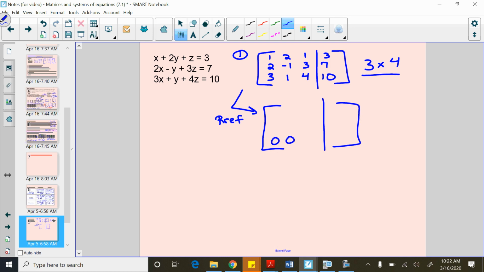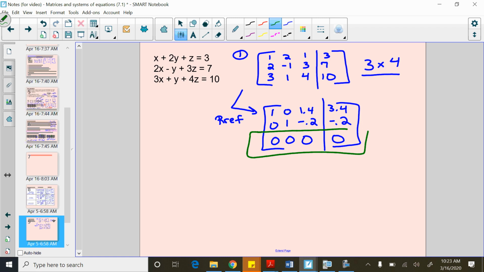And I know that the last row gave me all zeros. And I actually have to type in now what the rest of them gave me, which was a 1, a 0, a 1.4, and a 3.4. It gave me a 0, a 1, a negative 0.2, and a negative 0.2 in that case. But we know that since the last row is all zeros, we have infinitely many solutions, or all solutions, as our answer in this case.